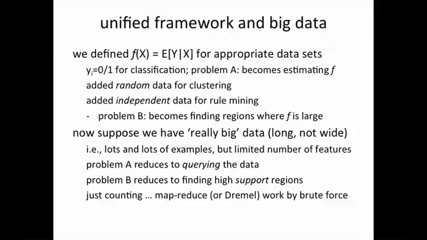The important point is such techniques where we simply query the data or find high support regions, not maybe in the original data but in some slightly modified data where we filter it by high f, is just in the end counting. So techniques like MapReduce, or on very large data sets Dremel for querying, work by brute force.